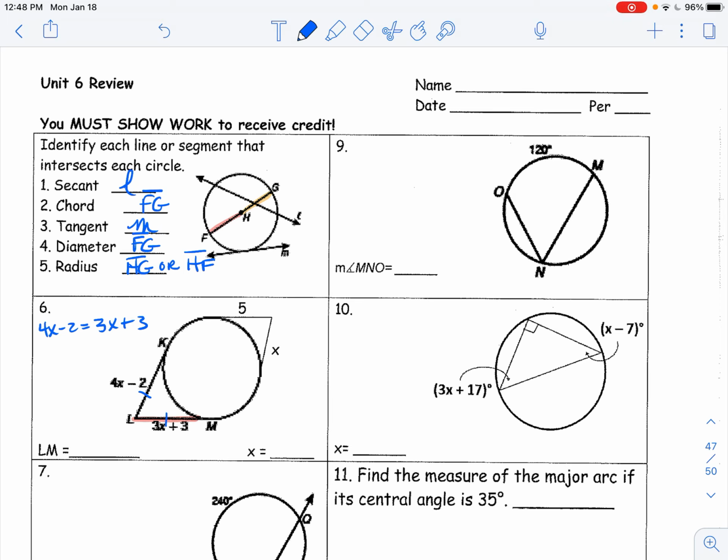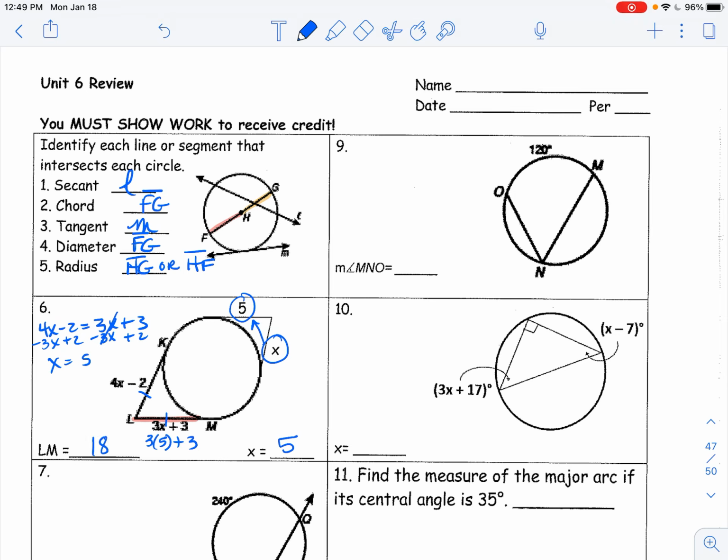If I subtract 3X on both sides and add 2 to both sides, I'm going to have X is equal to 5. We could have just jumped straight over here. These two are congruent as well, so we can see that our X value is 5. Now, to figure out what LM is, I'm going to plug that 5 in for the X and then evaluate. So 3 times 5 is 15 plus 3 is 18, and that's the length of LM.